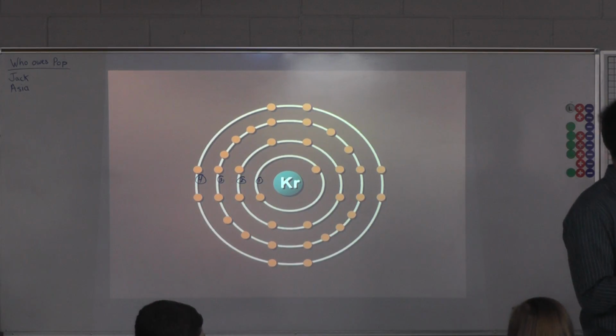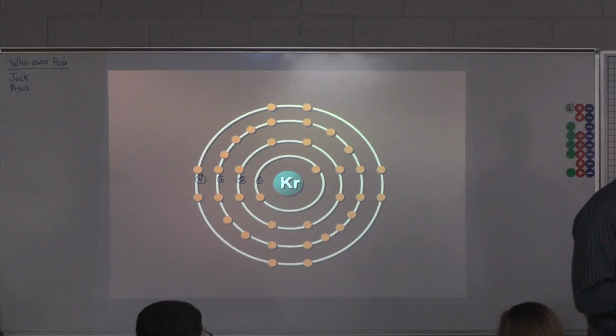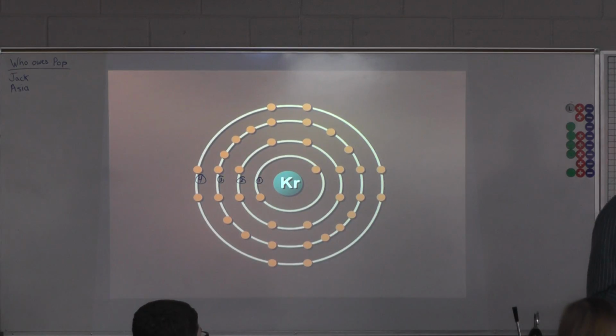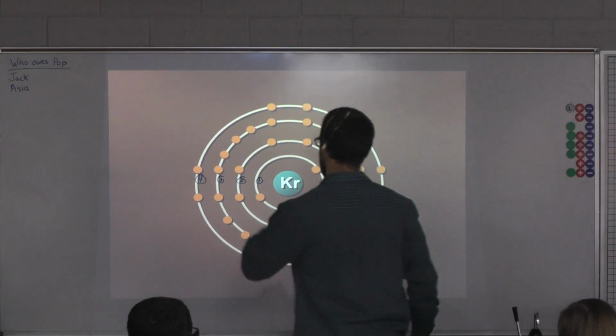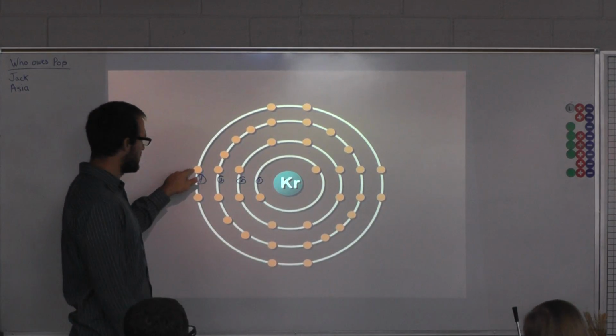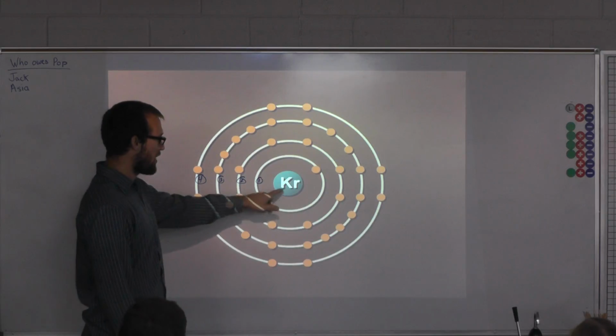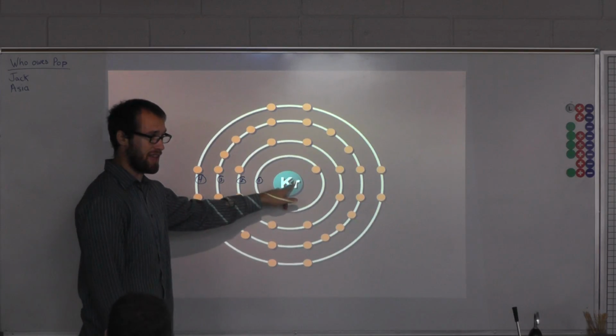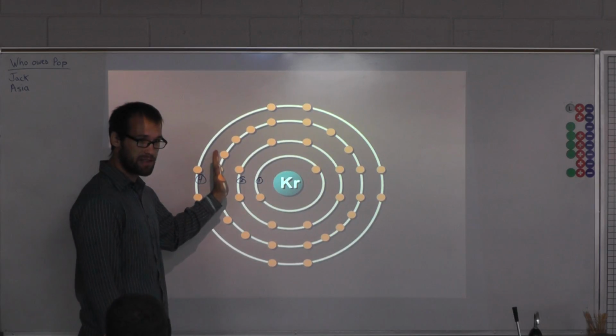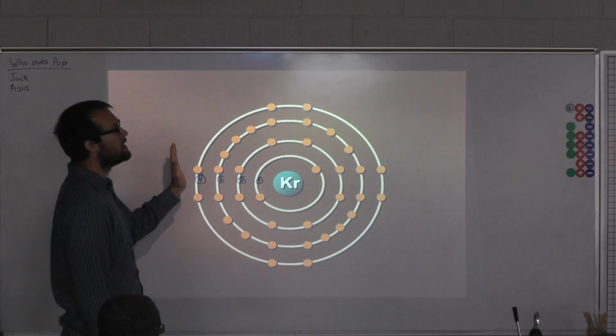They also had much more energy in order to get that far away from the nucleus. So the electrons in this energy level have much more energy than the electrons in this one, and so forth. Does that make sense? In order to get away from the positively charged nucleus, they have to have more energy to do so. Make sense? Okay.